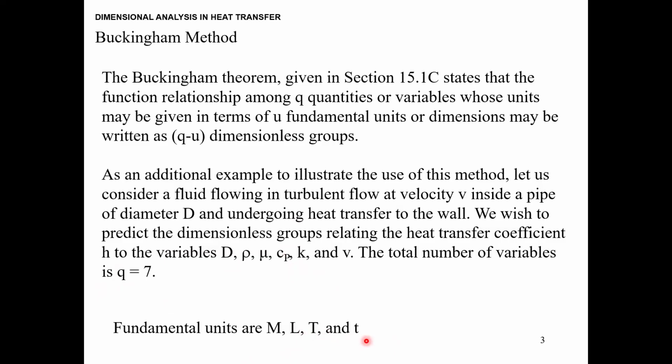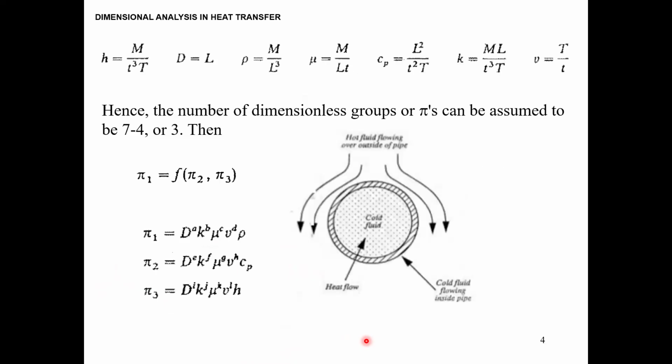So now q minus u, so with the Buckingham method, we estimate that there are three dimensionless groups involved. Okay, so basically, for this scenario, we can have a function in this form, okay, that relates these three dimensionless groups. Pi1 is a dimensionless group, pi2 is a dimensionless group, and pi3 is another.